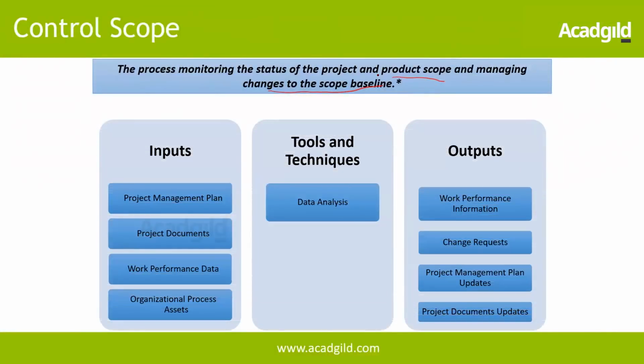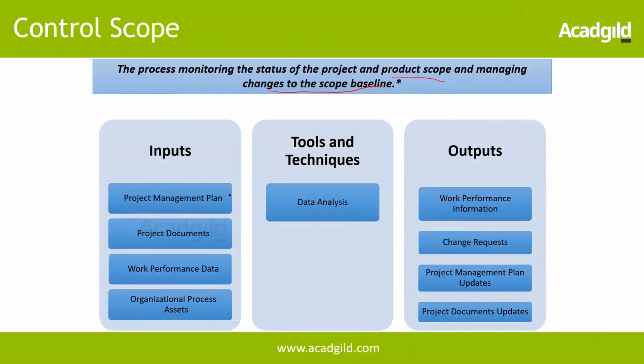Now that we have seen the validate scope process earlier, what if there are any issues in that? Obviously, that means we are deviating from the scope. The customer has found some issues, then we need to control now. We need to put a corrective action in place.